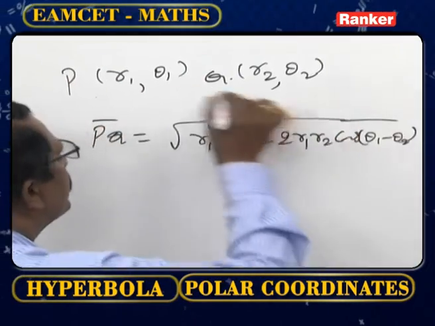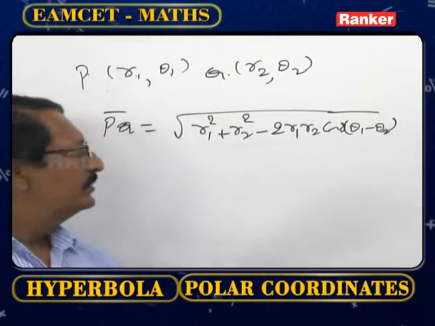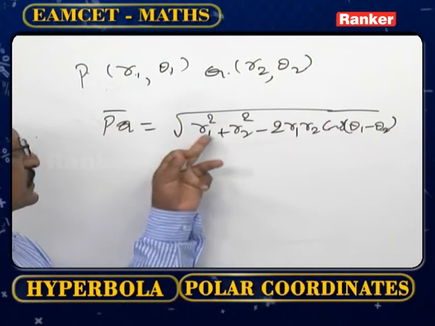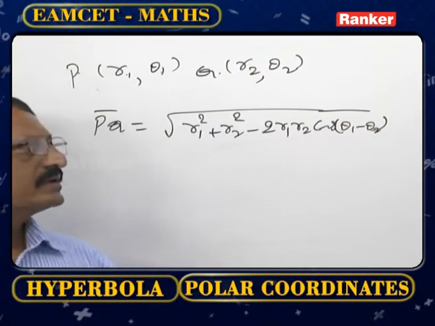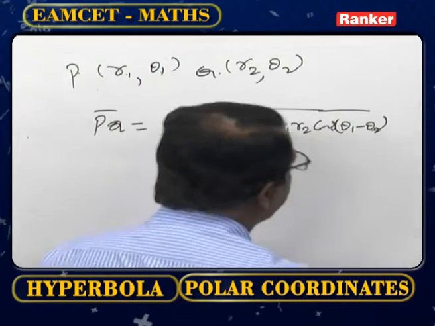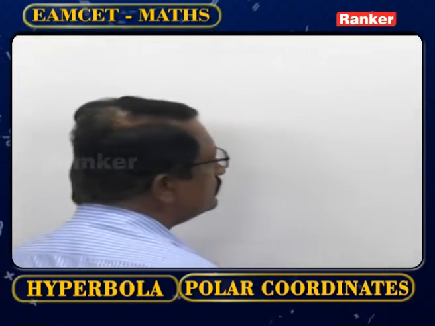The distance between the points P(r1, theta 1) and Q(r2, theta 2) is PQ equals the square root of r1 square plus r2 square minus 2 r1 r2 cos of (theta 1 minus theta 2).